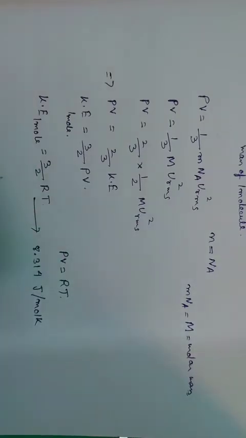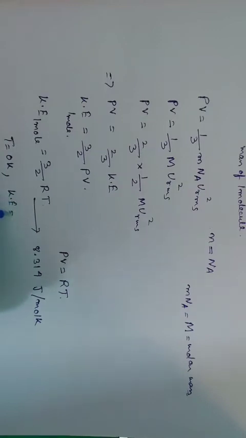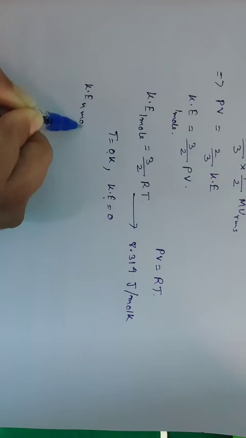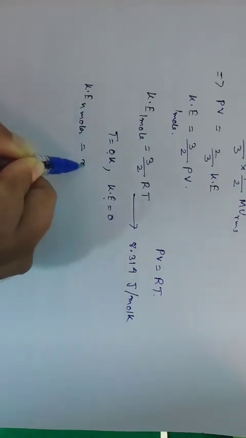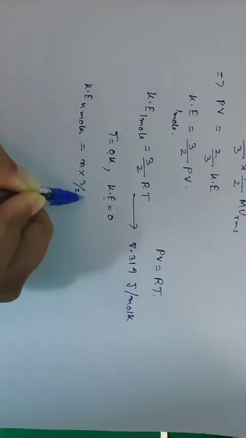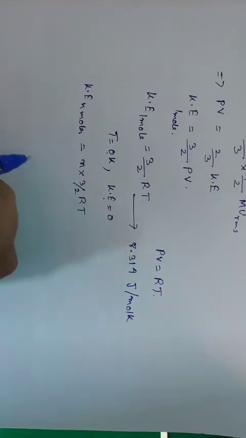So this expression says that if T equal to 0 Kelvin, kinetic energy will be 0. At this temperature, all molecular motion will stop. Energy for n moles we can write as n into 3 by 2 RT.